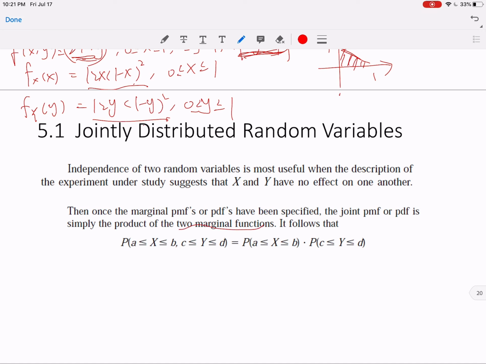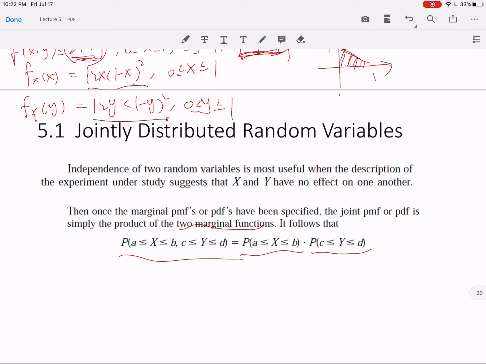It follows that if they're independent, then the probability that x is between a and b and y is between c and d is going to equal the probability that x is between a and b times the probability that y is between c and d. Okay, that's coming from the definition of independence.